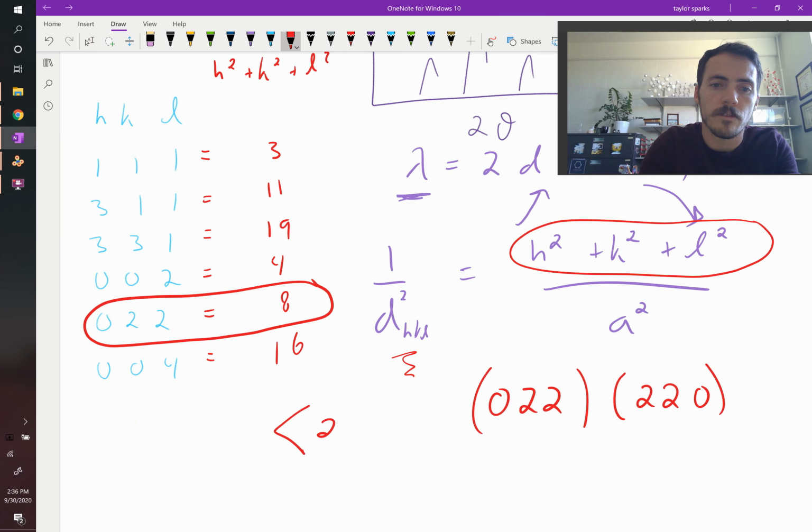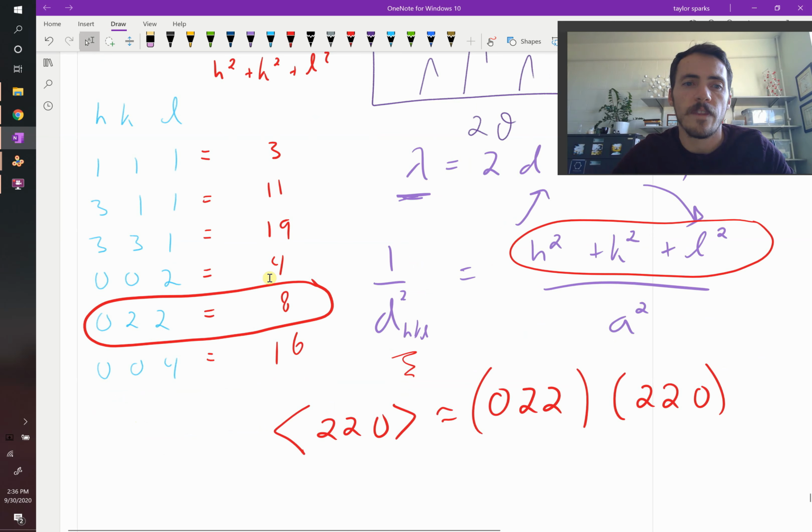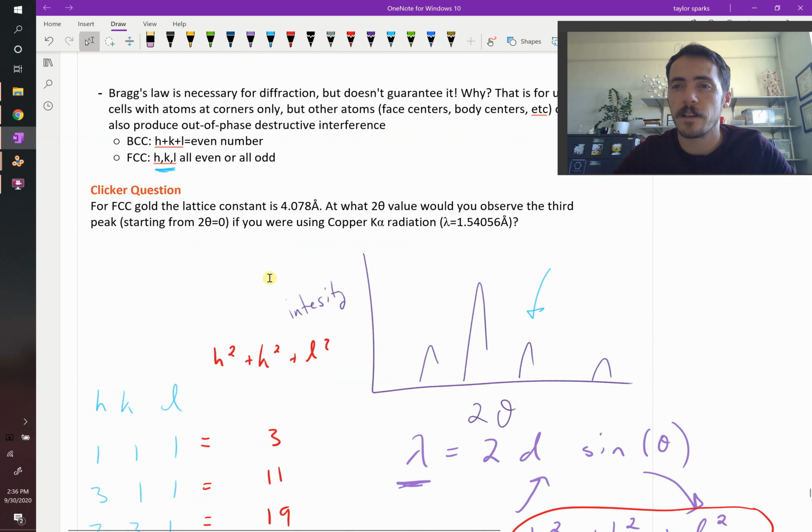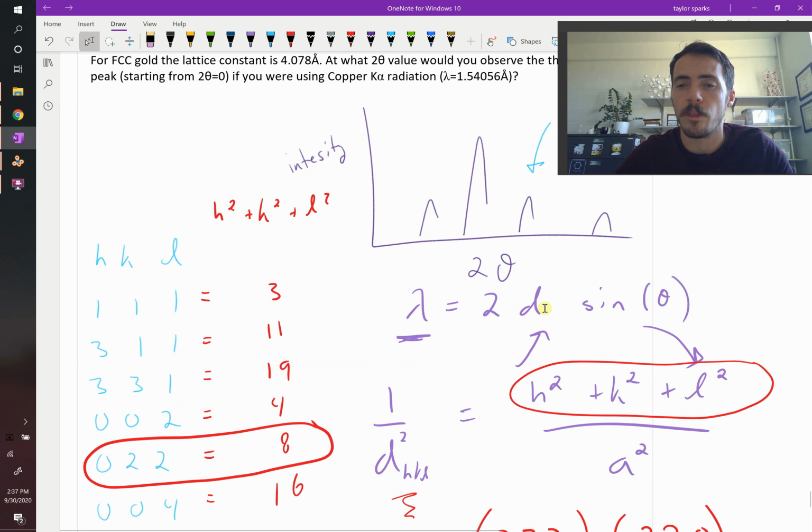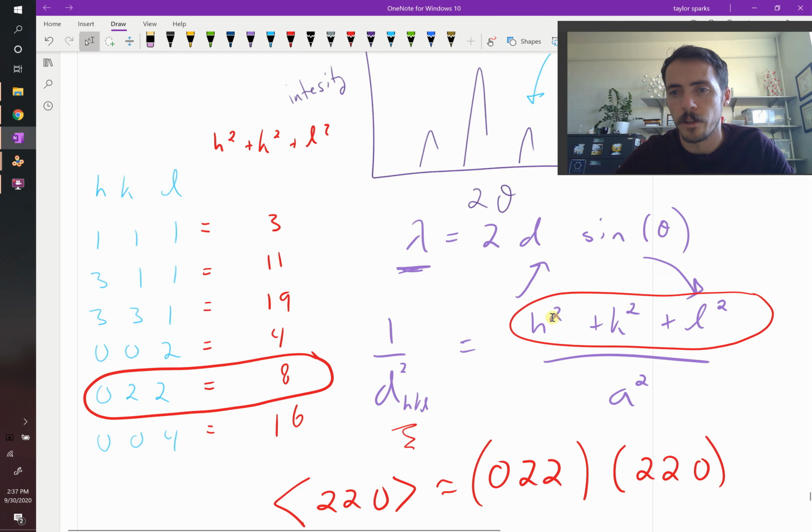They're both members of the family 2, 2, 0, so they are equivalent with one another. Therefore, that's how you go about using Bragg's law to calculate what peaks will be at what location. In this case, we figured out which one will be the third one, and we never actually had to calculate what value it would occur at. We just figured out which would be the third smallest by figuring out the third smallest sum of h squared plus k squared plus l squared.